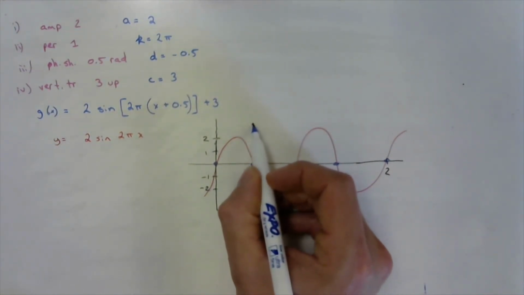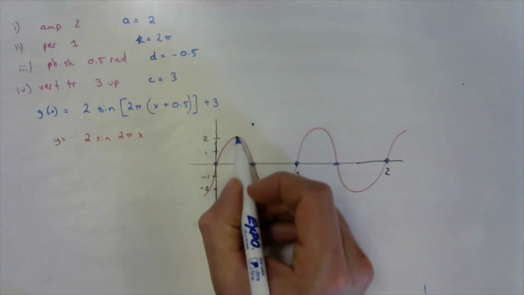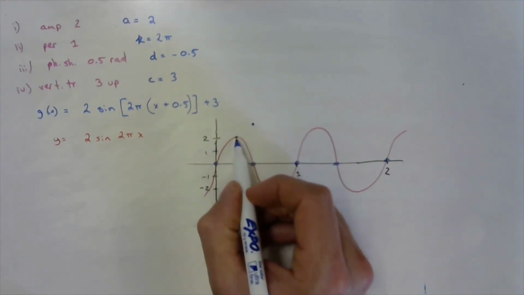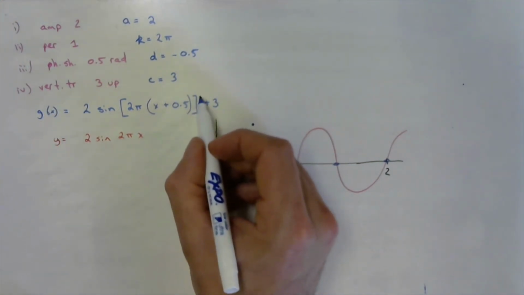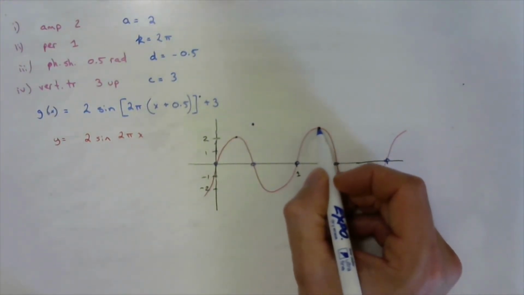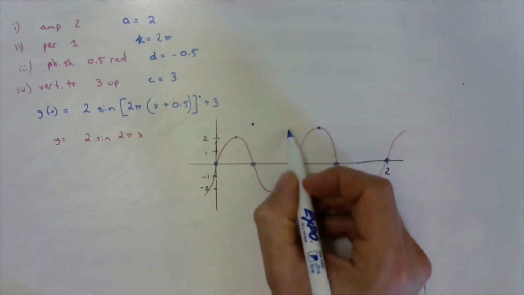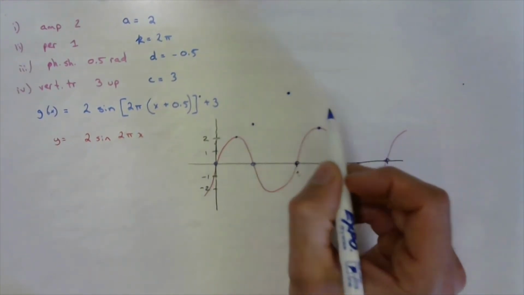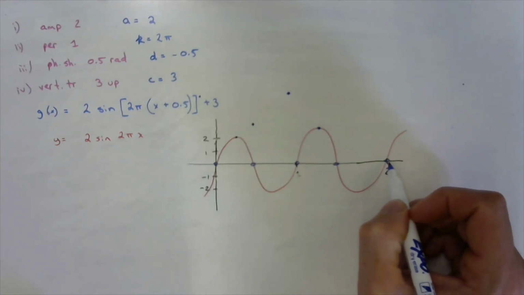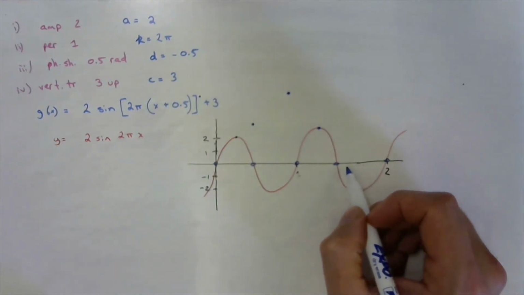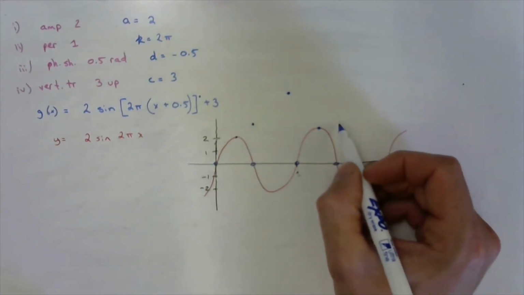So there's an x-intercept. I'm going to take my maximum point, move it 0.5 to the left and 3 up. Take this point, 0.5 to the left and 3 up. I'm just kind of guesstimating, but you guys will be a bit more accurate. 0.5 to the left and 3 up.